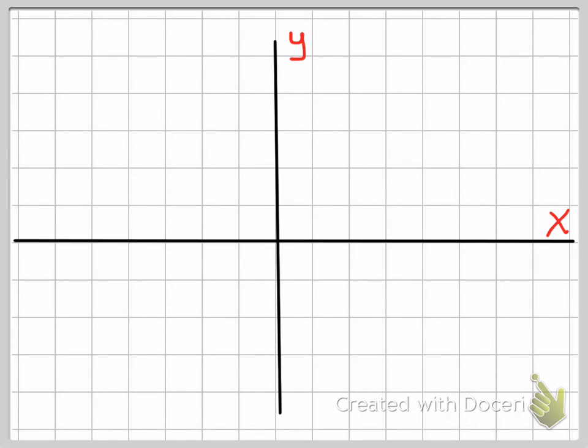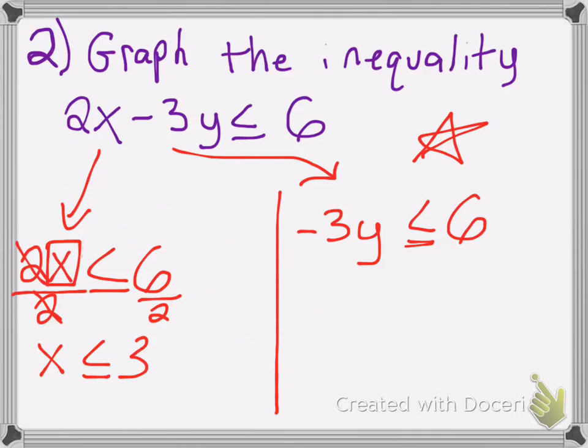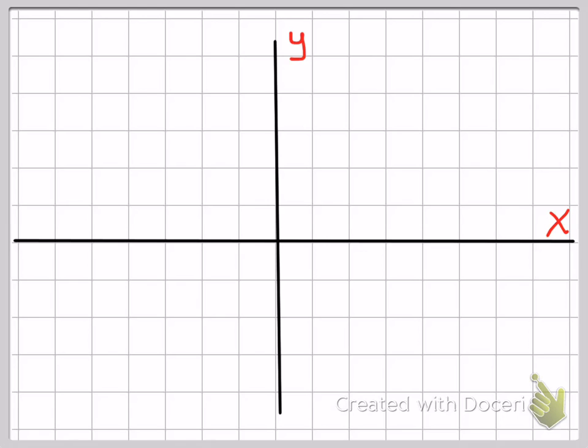Now, I found my x was 3. I'm going to plot 3 on the x. This is an easy way of graphing linear inequalities. Now let's find y.